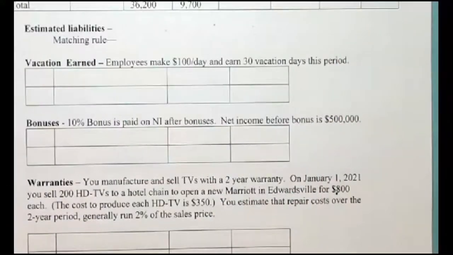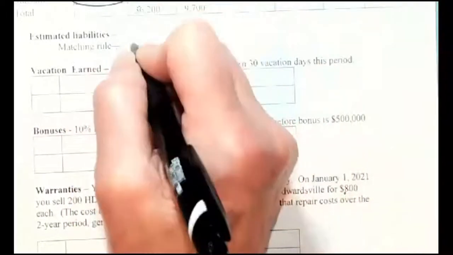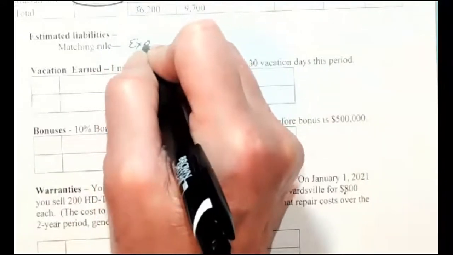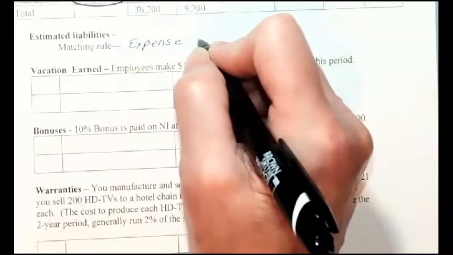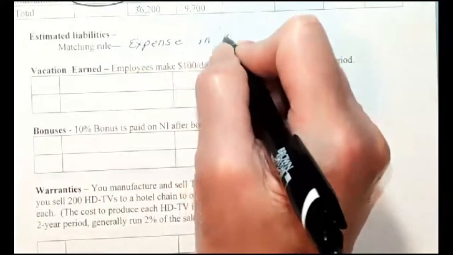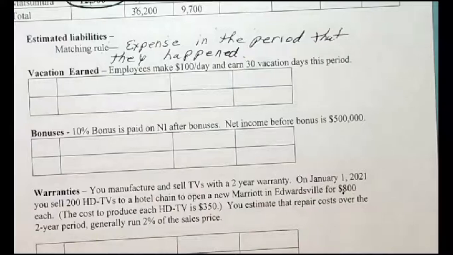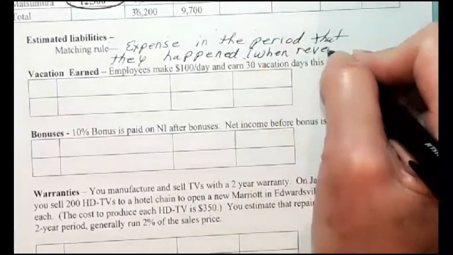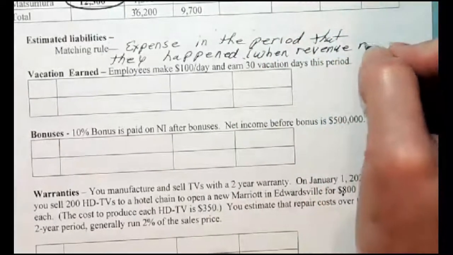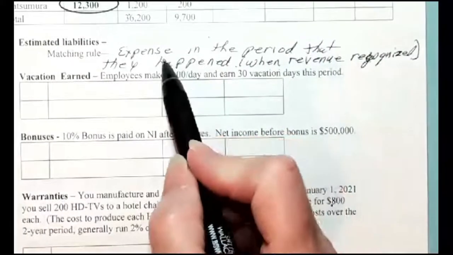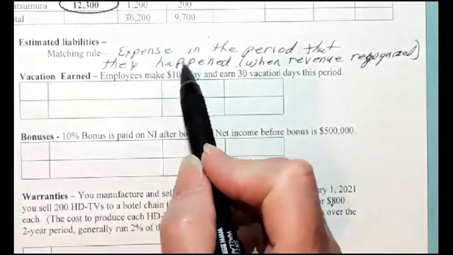There's a couple other things dealing with payroll, but going back to the matching rule, remember we want to expense things in the period that they happen. We use the word incurred. Because of that, when the revenue is recognized, I want to try to expense everything that really belongs in this period.